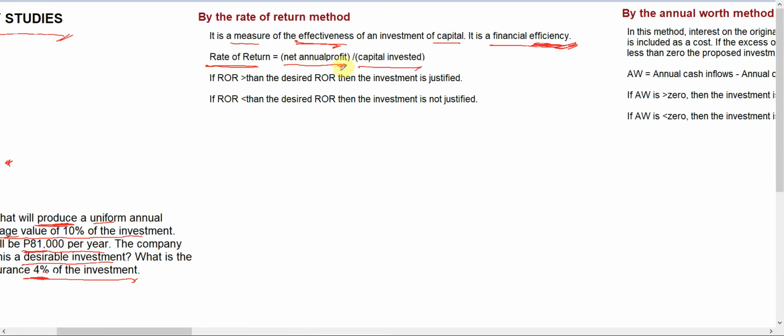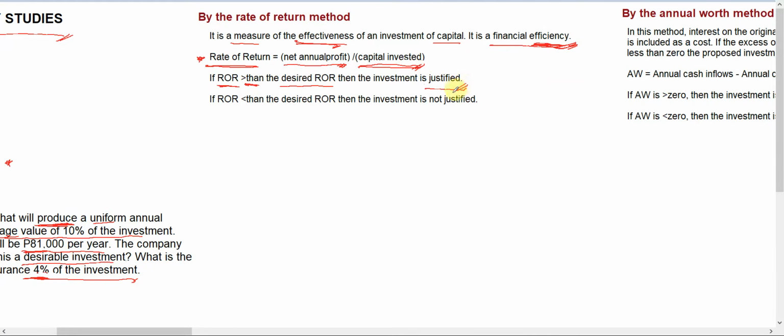So, annual profit, ito yung mismong pumapasok na sa atin na pera every year. Tapos, magkano yung nilabas nating pera, yung capital invested. So, that is efficiency. Siyempre, times 100%. So, if the rate of return na na-solve natin is greater than the desired rate of return, then the investment is justified.